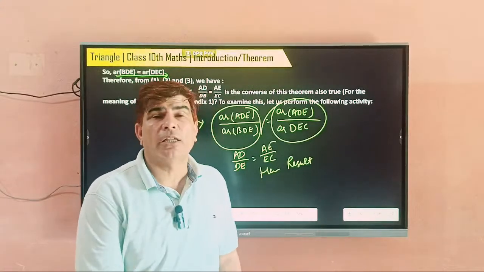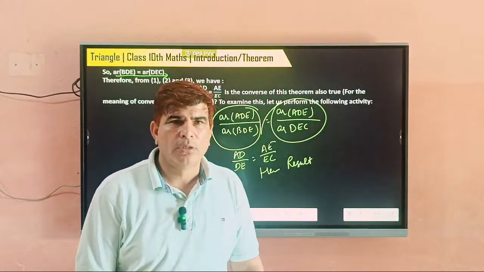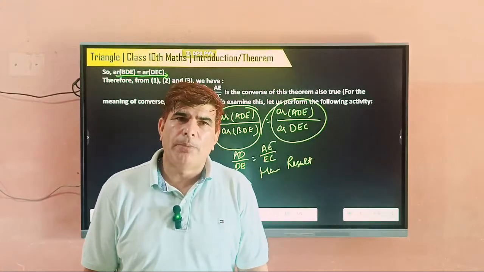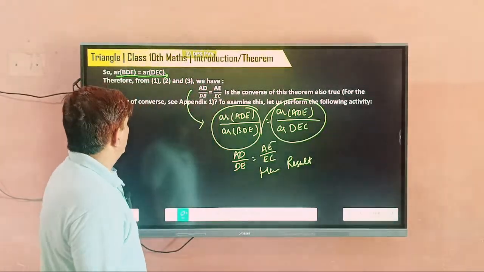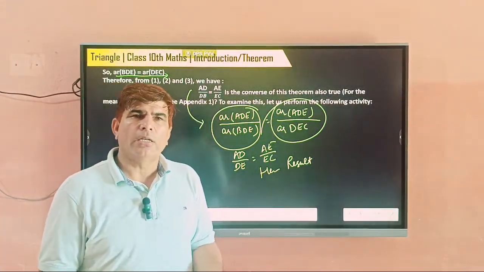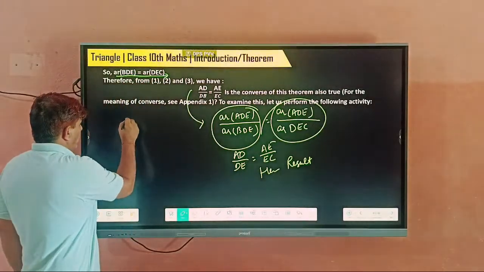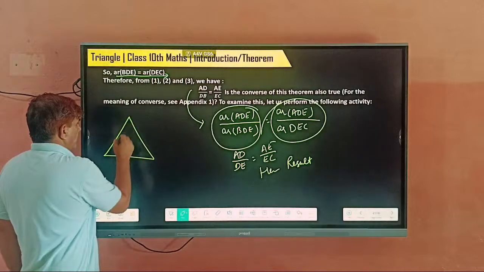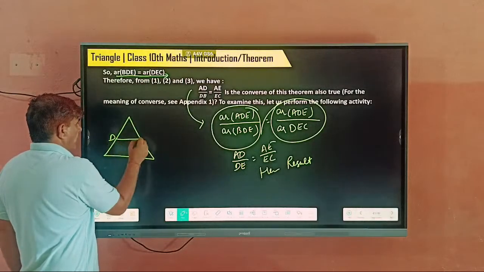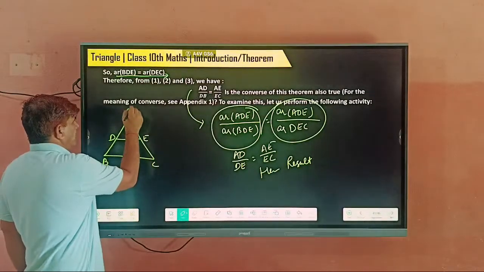This proof was given by Thales, so it's called Thales theorem, also BPT. Then is its converse true? So what's its converse? Try to understand. The theorem is this.